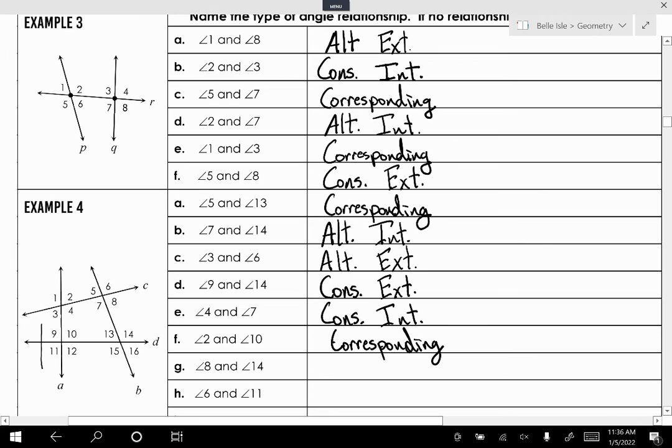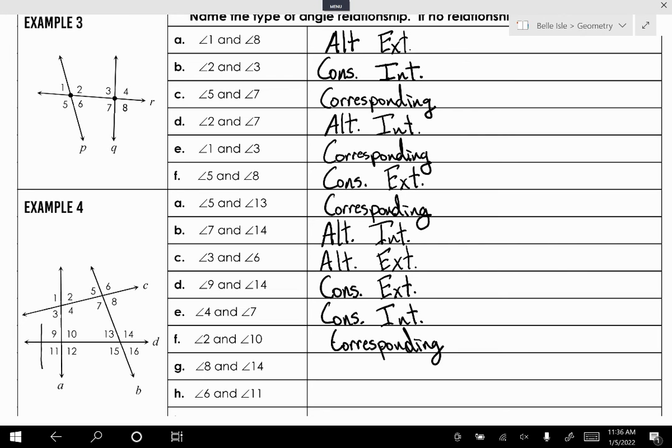Yes, Rocco. The transversal is the line that is crossing two lines. So technically on example 4, we have 4 different transversals.